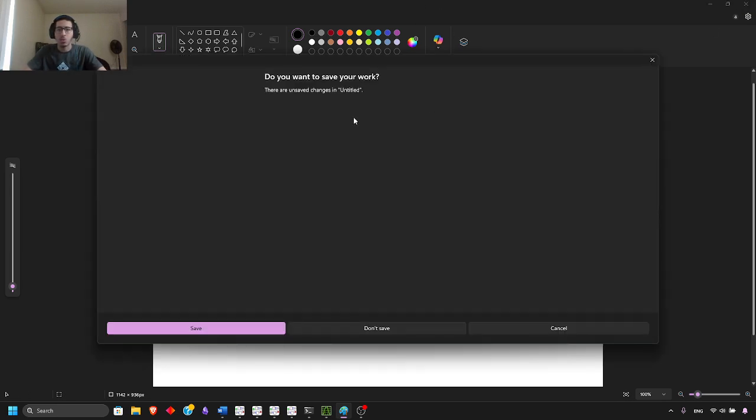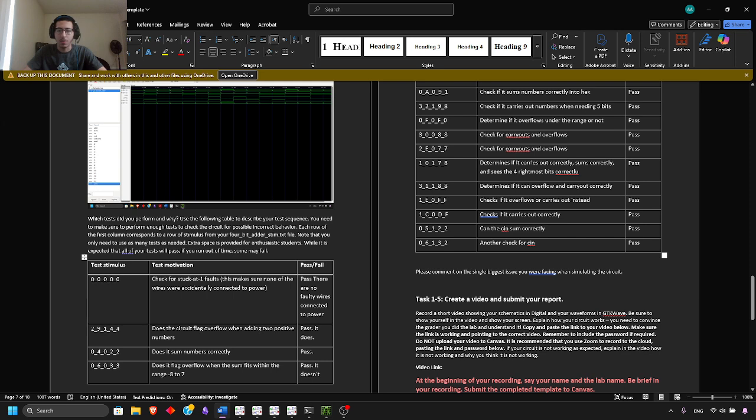After putting it to the test, we got a few results. So here's 9, 1, 4, 4. It means, do you have an overflow when adding two positive numbers? And overflow only applies to signed numbers. So if you're adding anything outside the range of -8 to 7, in this case we would add 1 plus 4 plus 4, which is 9.